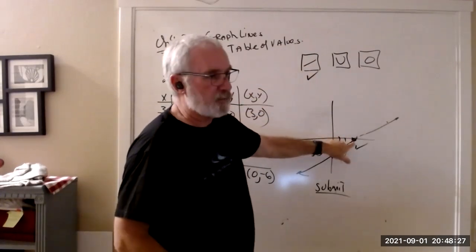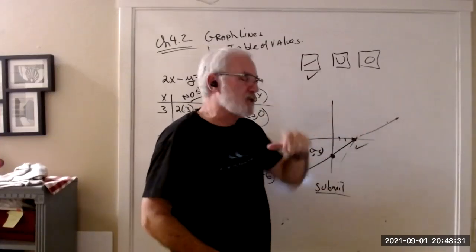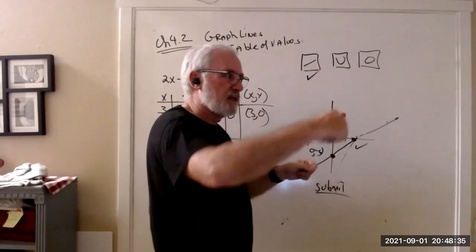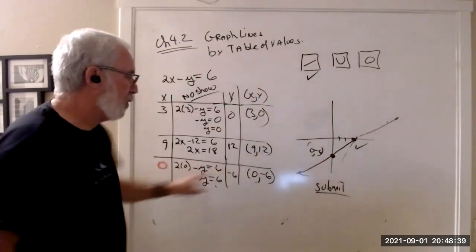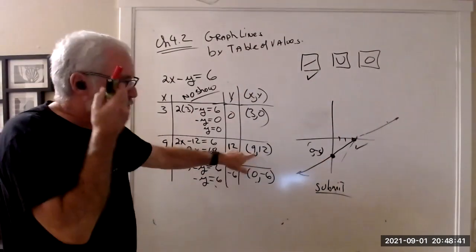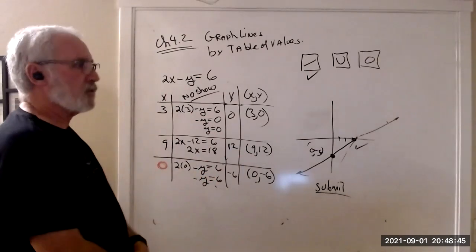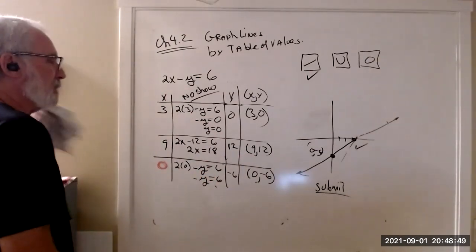You click on one of the points, and a line will appear, but it's the wrong line. So you have to spin it, twist it with your mouse until it goes through one of the other points, 0, negative 6, or 12, 9, or whatever you have. Then you submit it and you're done. That's how you graph on MARM. It's pretty easy, but it's different.